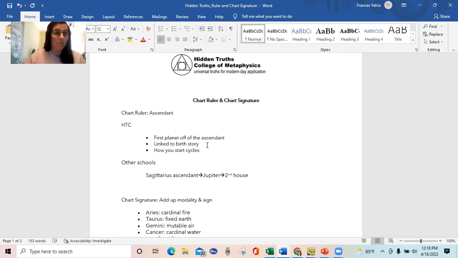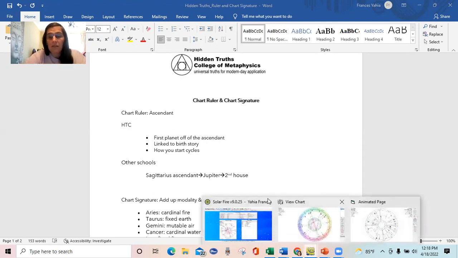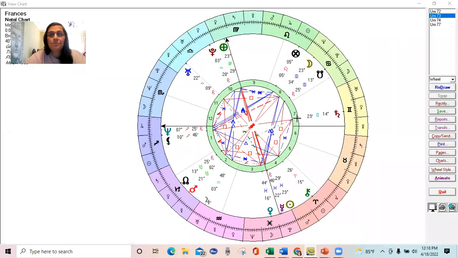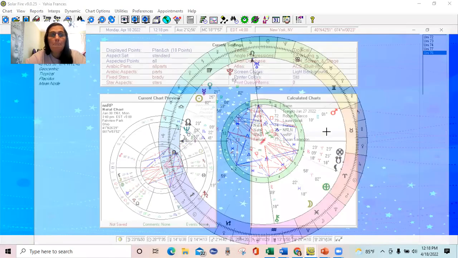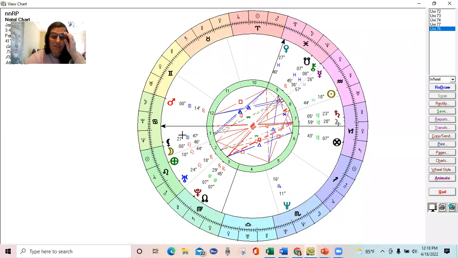Normally if I saw someone with a Pluto right off the ascendant, I would say, okay, umbilical cord wrapped around, there was a death or a crisis happening during the labor or right immediately after the labor. This isn't always the case, but let me give you an example. Here, this is a very interesting case, and I have a story.